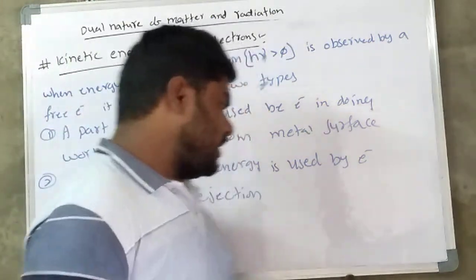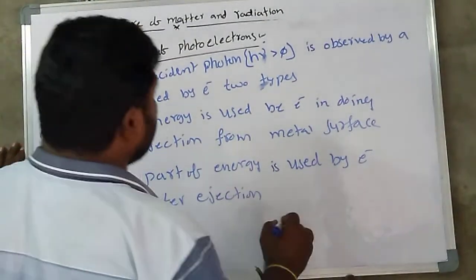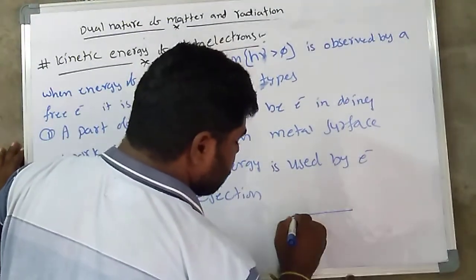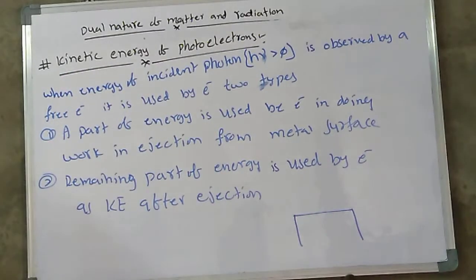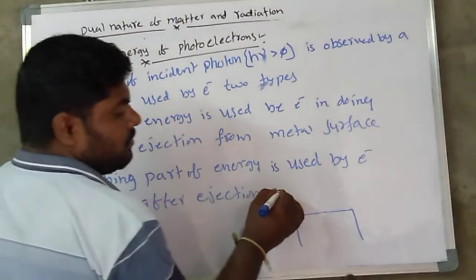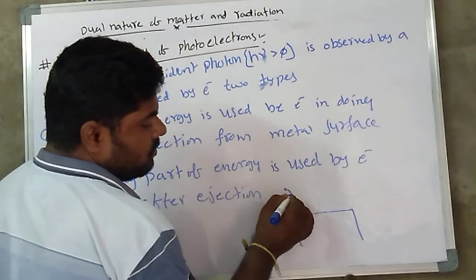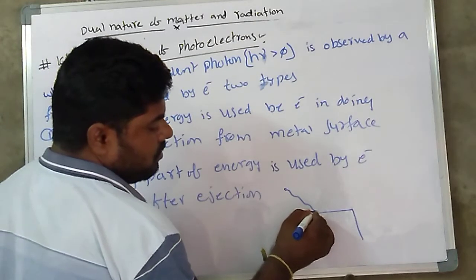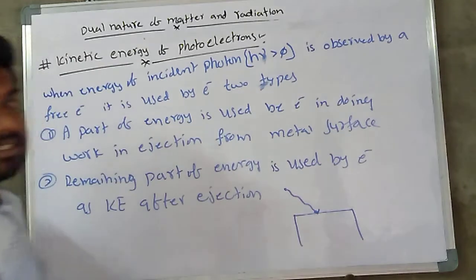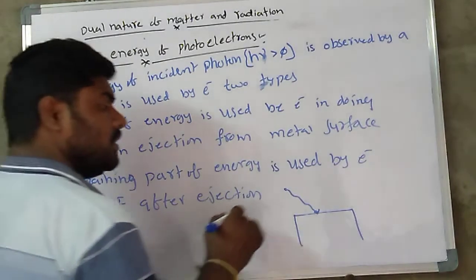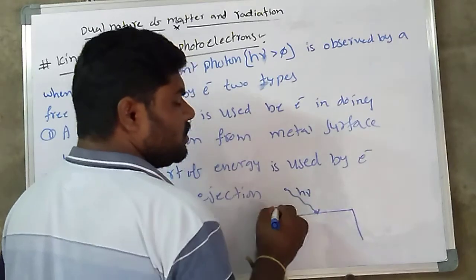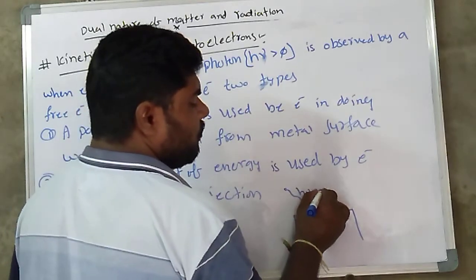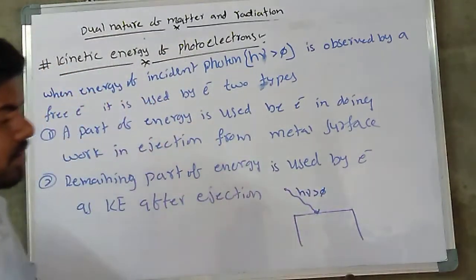So let us consider this metal body, or metal surface. Here a photon is incident, like this. This photon's energy is more than or equal to the work function.